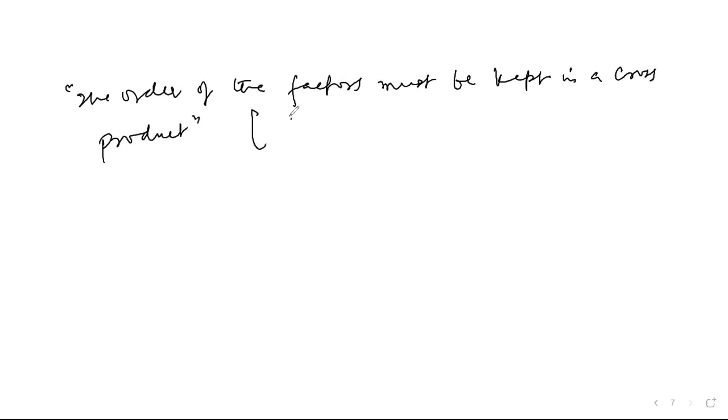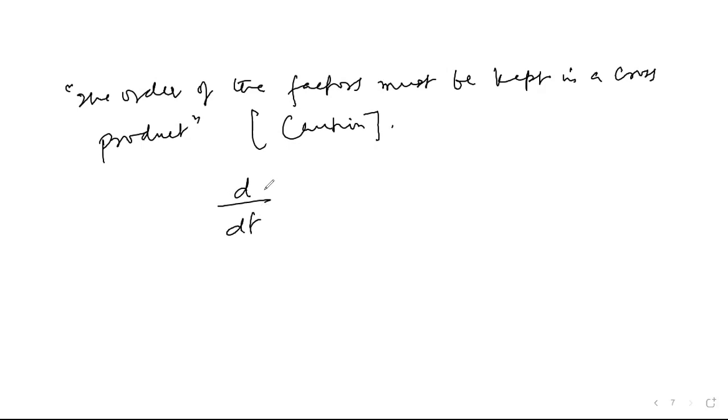This is caution. You cannot change the order of factors in a cross product when you differentiate the product of a scalar and a vector and the dot and cross product of vectors using ordinary calculus rule. Rest is okay.